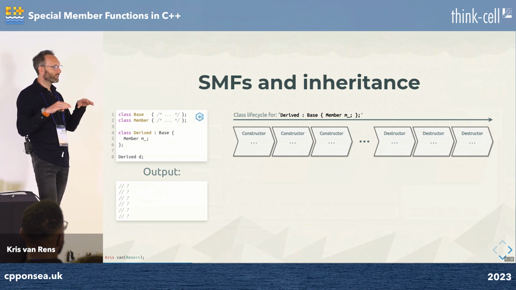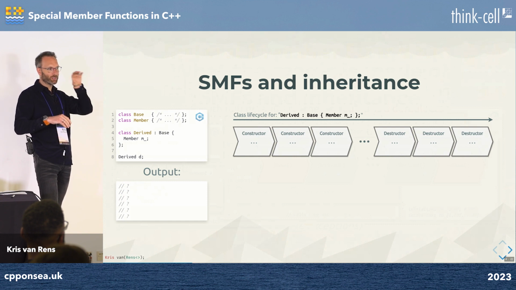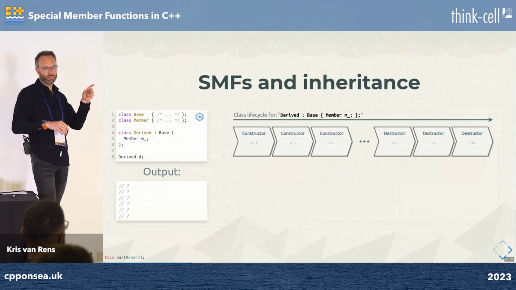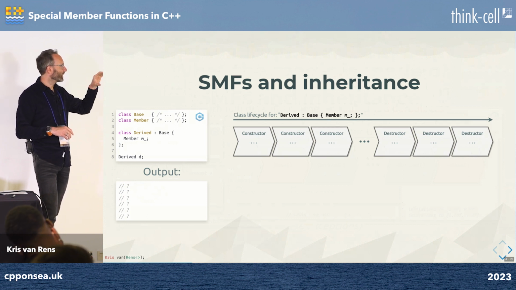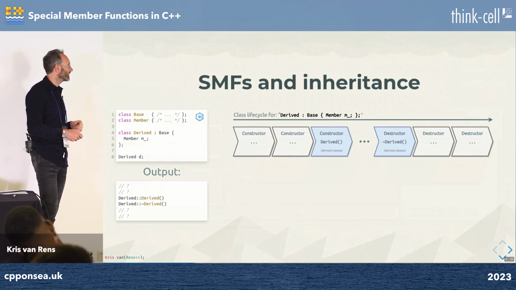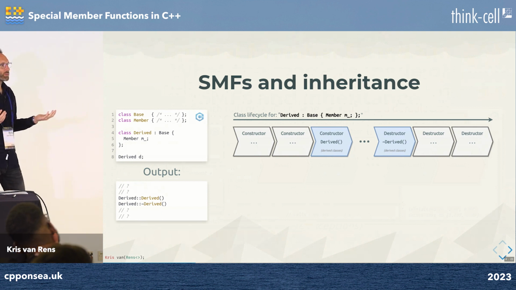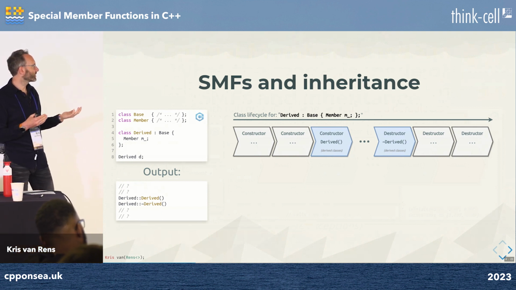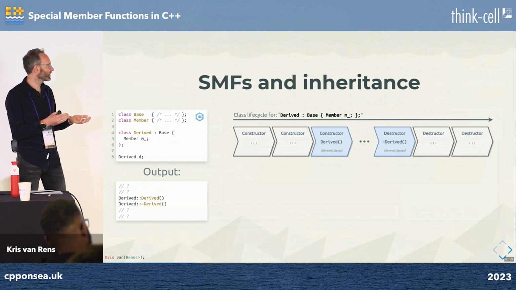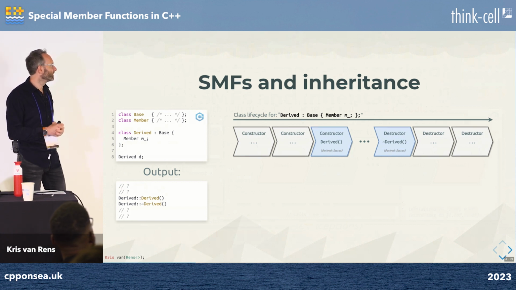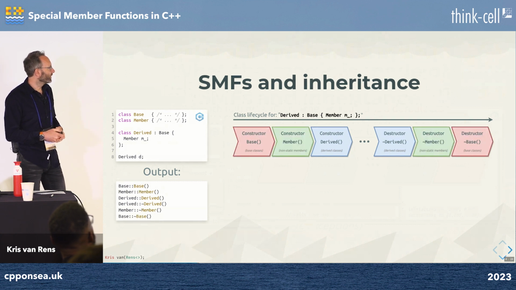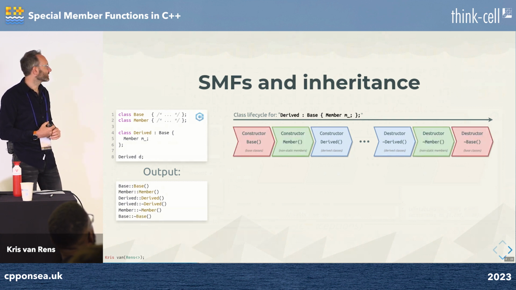I always tend to think of it as a more layered system. So you have the base layers first with all the members, and then we come at the top layer where the type is, and we have the members and then the derived class. So, of course, the derived class will be initialized last and destructed first, because it's the most final thing to do. And first we have base and then the members.